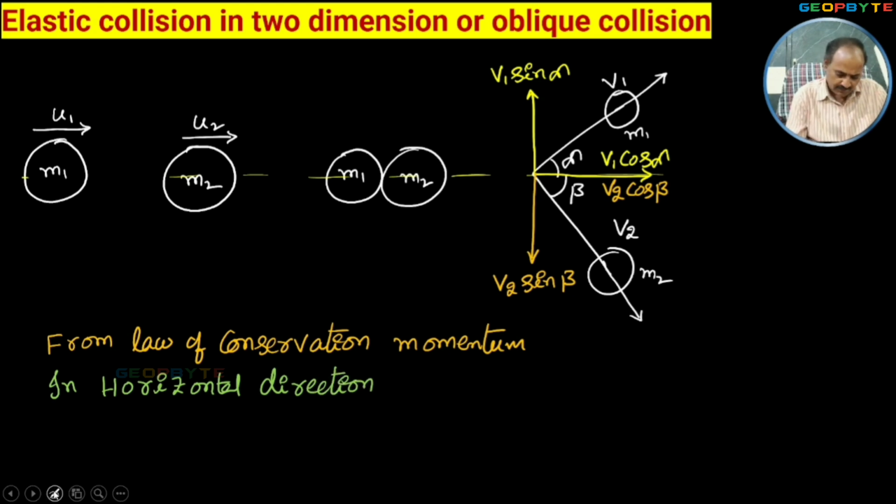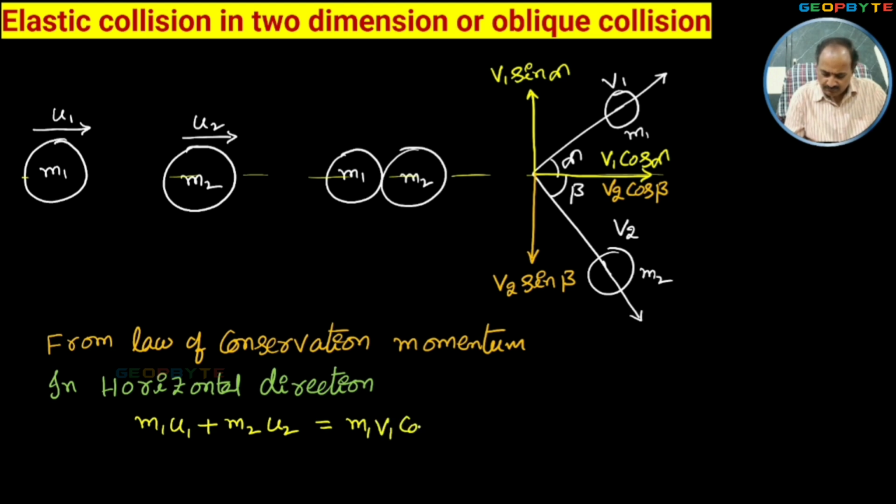In the horizontal direction, the total momentum before collision is m1 u1 plus m2 u2. After collision, it is m1 v1 cos alpha plus m2 v2 cos beta.